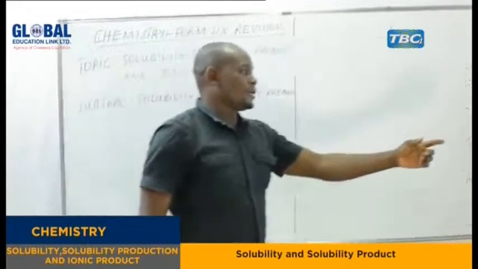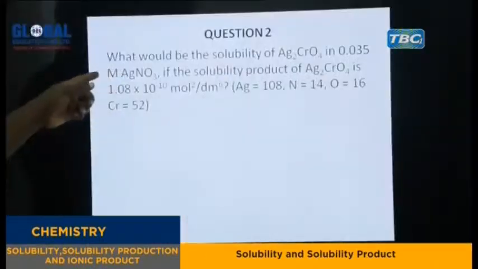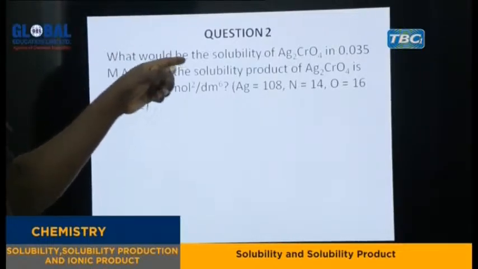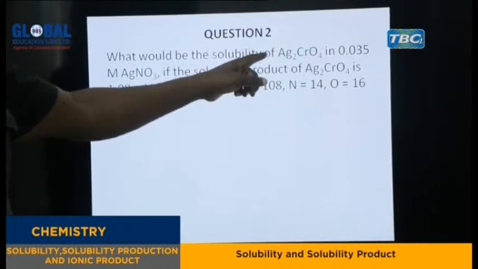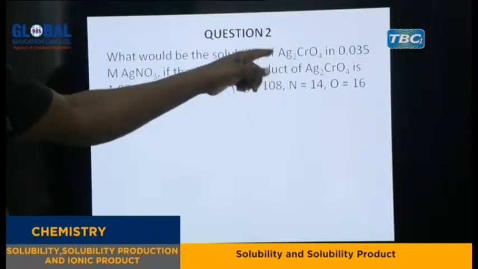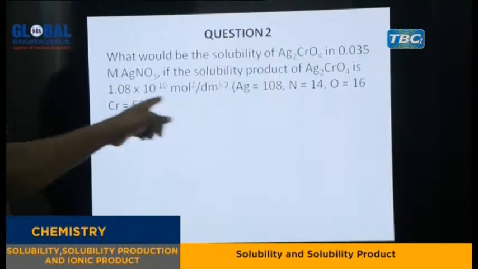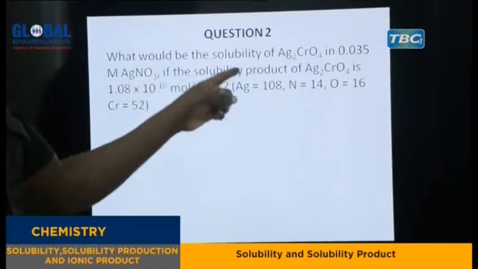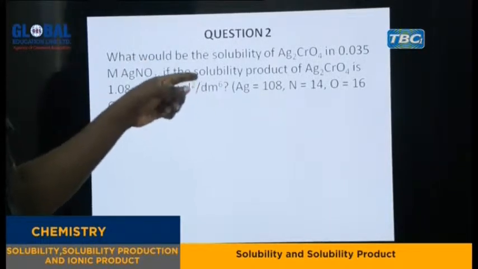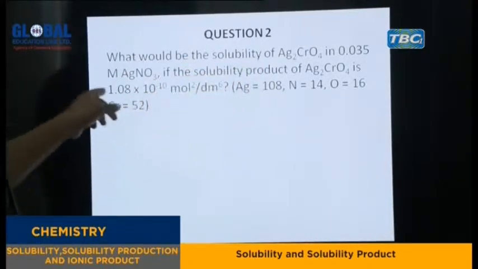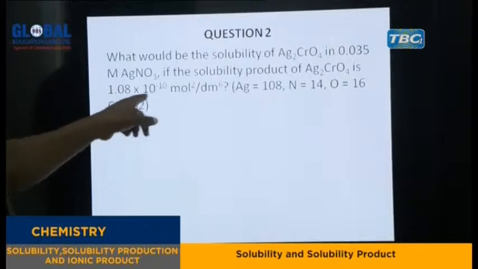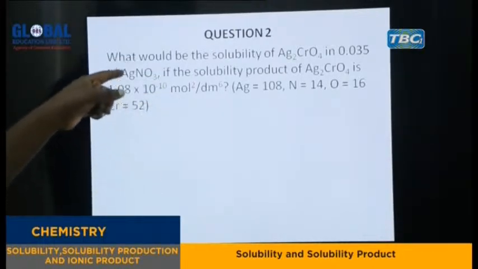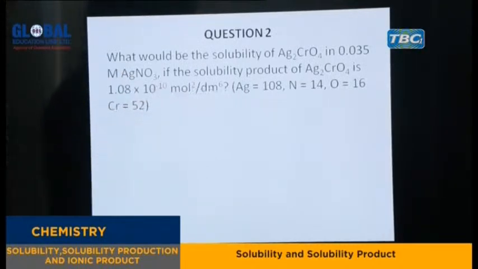Okay, now let us consider question number 2. Question number 2 is: what would be the solubility of silver chromate in 0.035 moles per decimeter cubed silver nitrate, if the solubility product of silver chromate is 1.08 times 10 power negative 10 moles cubed per decimeter cubed raised to power negative 9?